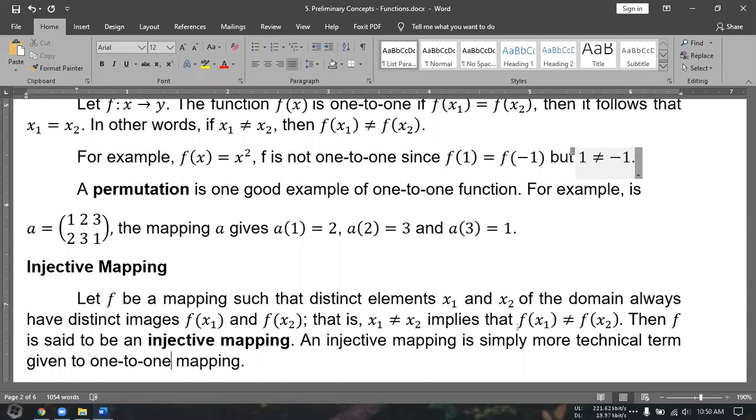Then f is said to be an injective mapping. An injective mapping is simply more technically termed one-to-one mapping. So, the same lang daw. A one-to-one function, when mapped, we call that one-to-one mapping. Or, more technical term, we will be using the injective mapping.